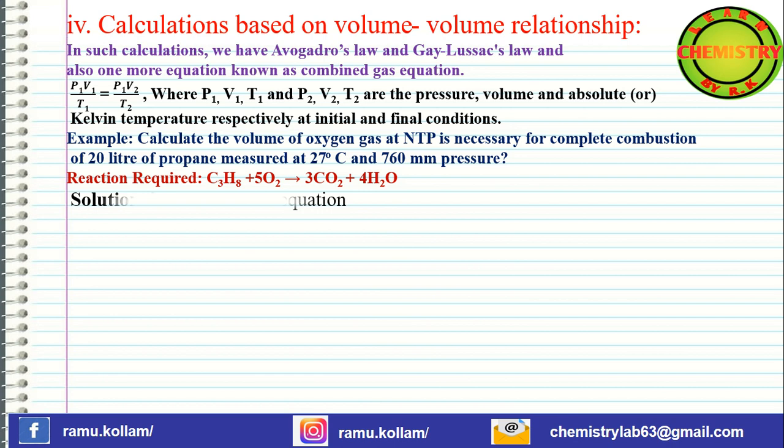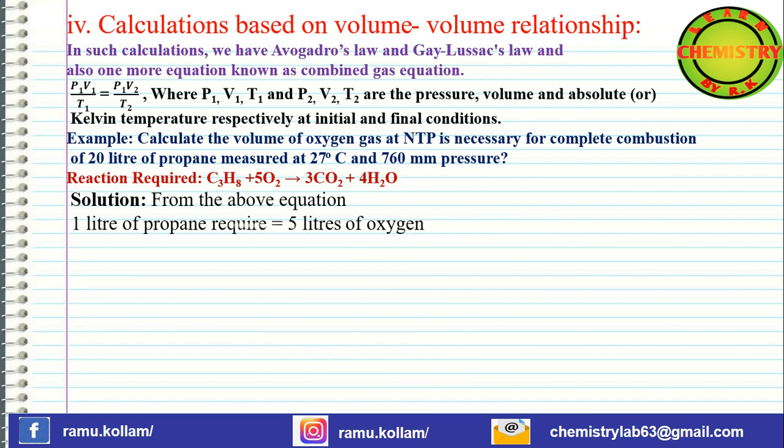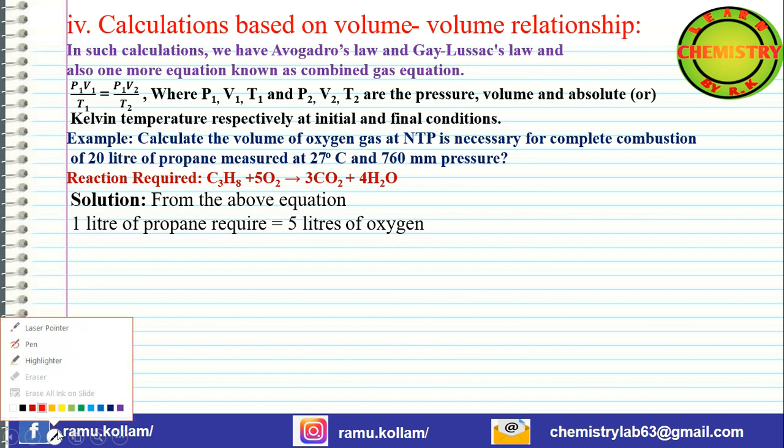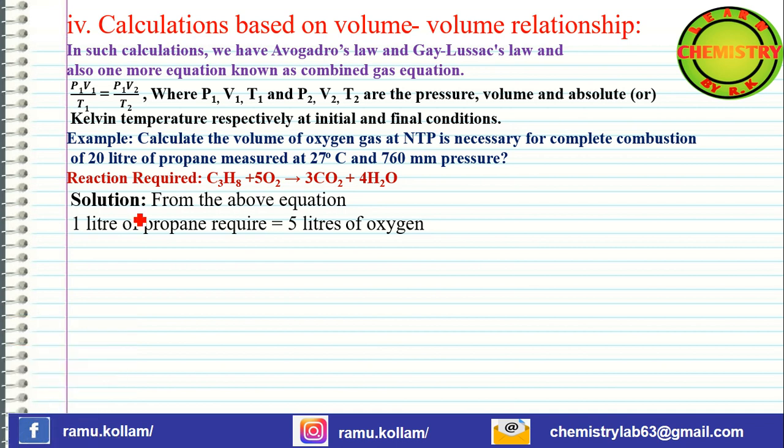Based on the combined gas equation, from the above chemical equation we get that 1 liter of propane requires 5 liters of oxygen. Here there is no coefficient for propane, so it means 1 liter of propane requires 5 liters of oxygen.